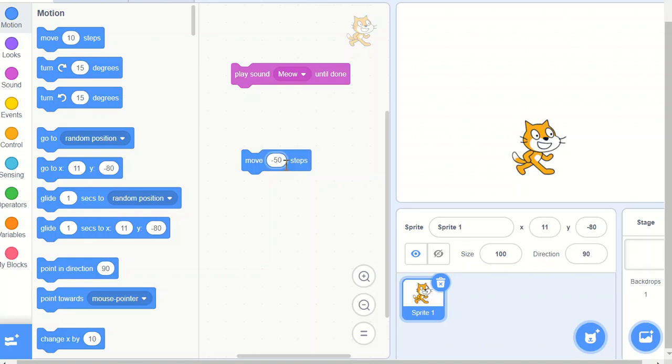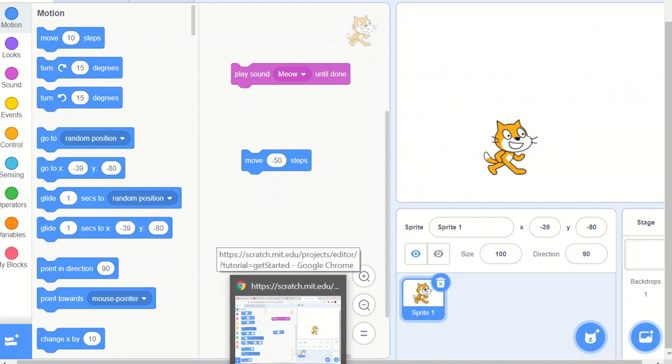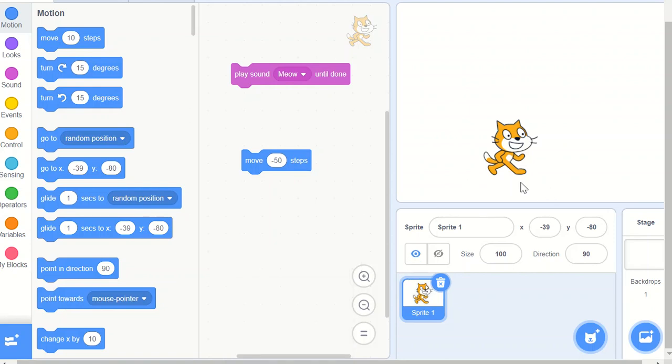For example, here I have taken 50. By changing the value to minus 50, our sprite will come back. So the sign means that if I want to go straight, we will have positive values, and if I want to go back, we will have negative values.